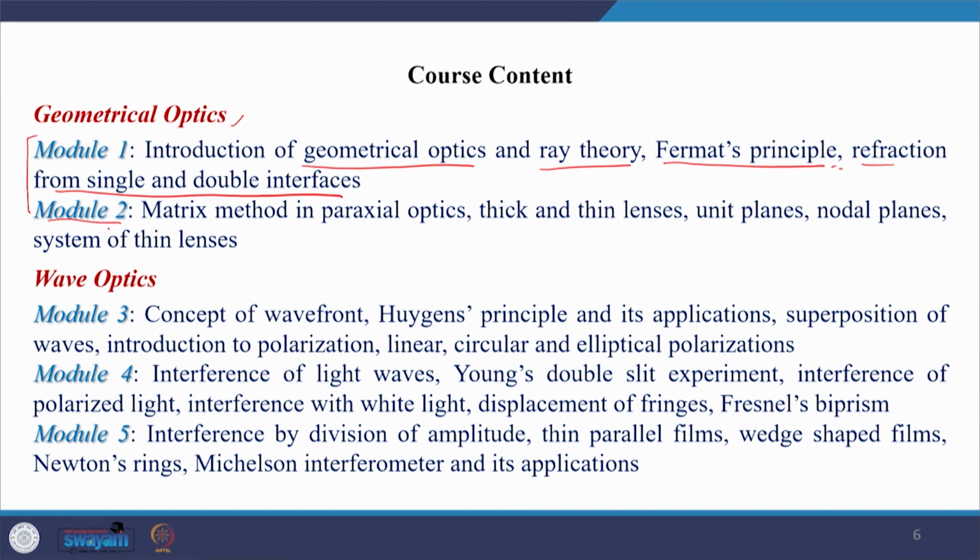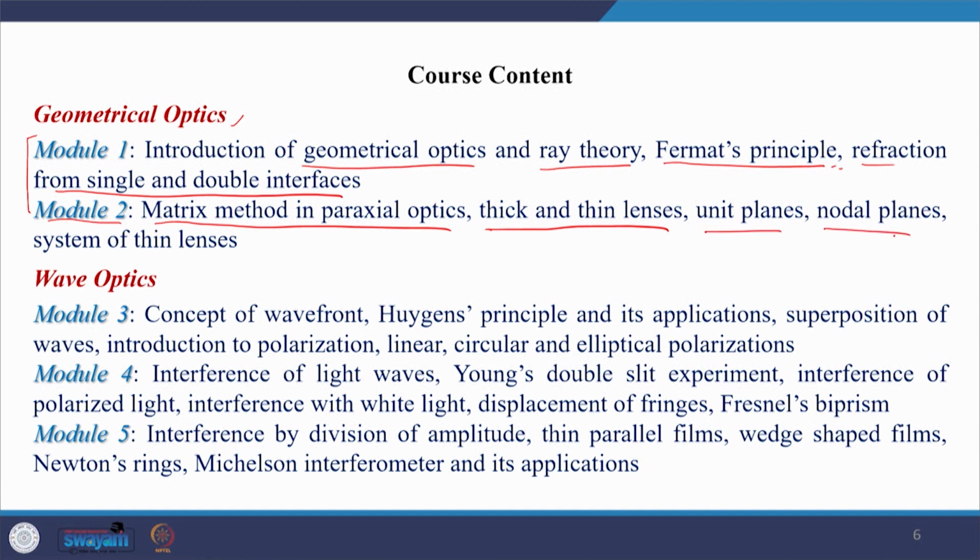Now, in module 2, we will talk about the matrix method in paraxial optics. Then we will derive the lens formula for thick and thin lenses. We will also derive the expression for the focal length for both thick and thin lenses. Thereafter, principal planes will be introduced, wherein we will talk about unit planes and nodal planes.